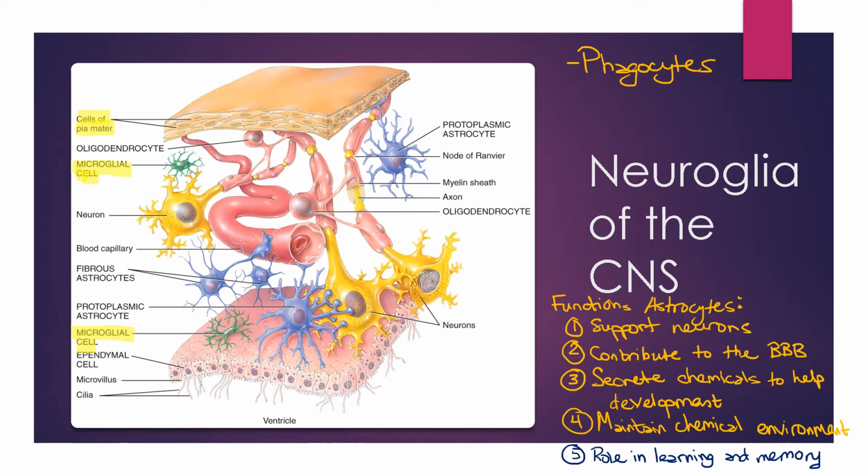So they will remove cellular debris that's formed during normal development of the nervous system. And they're also going to phagocytize or eat up and digest microbes and damaged tissue. So these guys are really important, little like trash compactors of the neuroglia in the central nervous system.